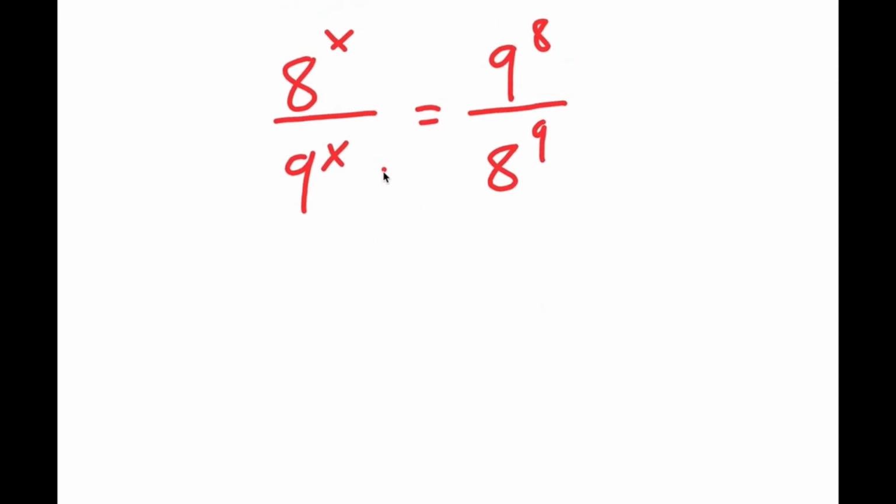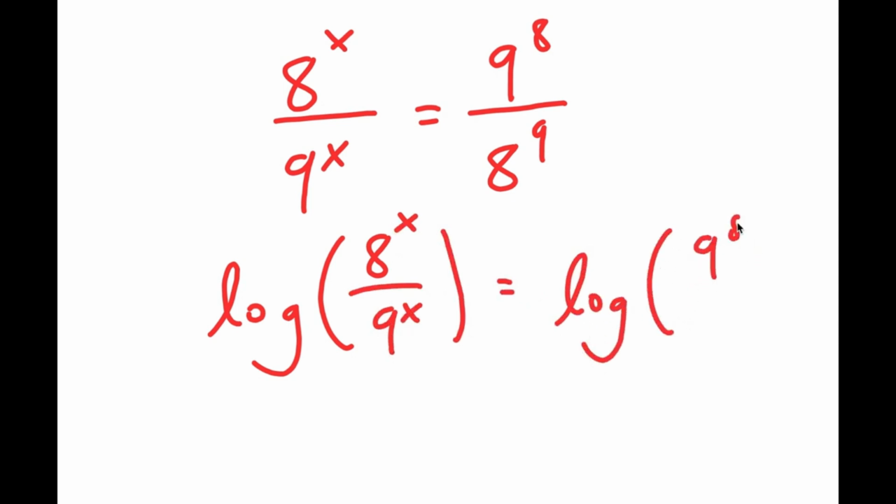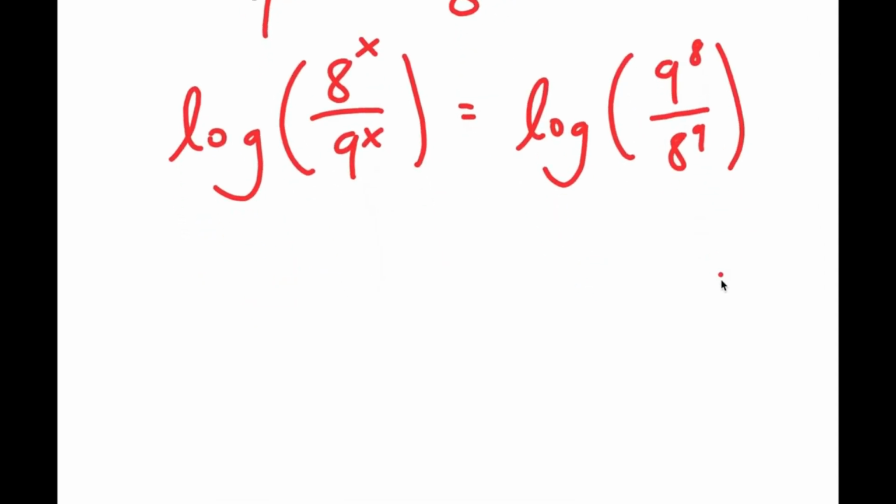Now from here, I'm going to take the log on both sides. So I get log of 8 to the power of x over 9 to the power of x is equal to log of 9 to the power of 8 over 8 to the power of 9.